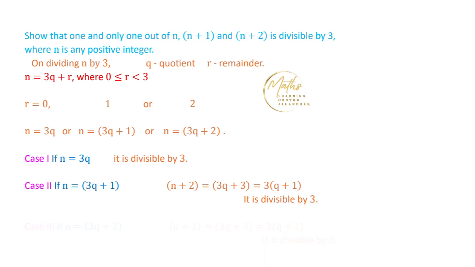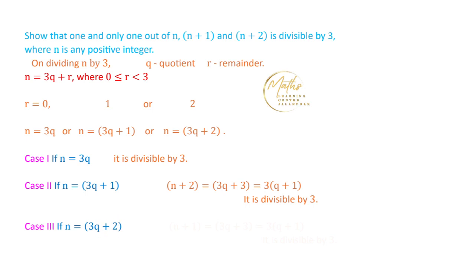Now the third case, case 3: if n is equal to 3q plus 2, then this number 3q plus 2 is not divisible by 3. It is plus 2 over here.